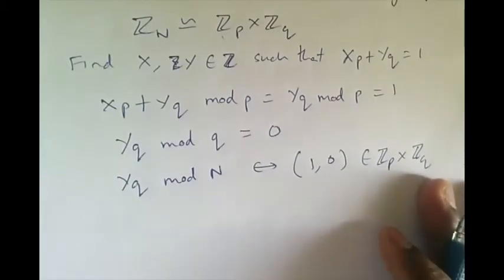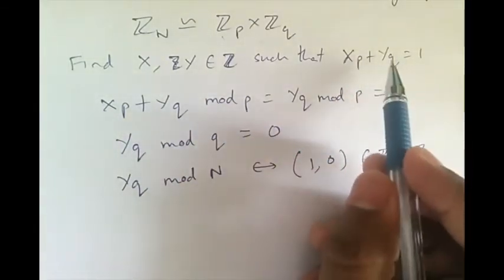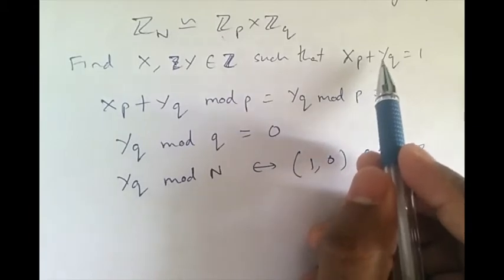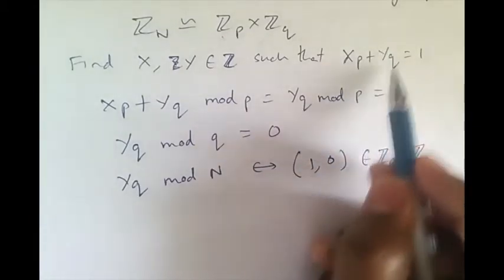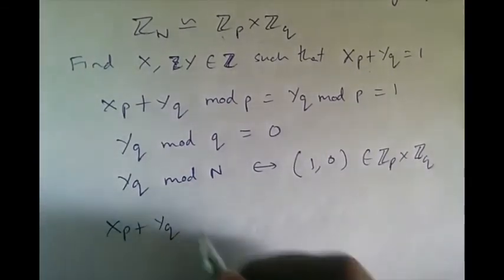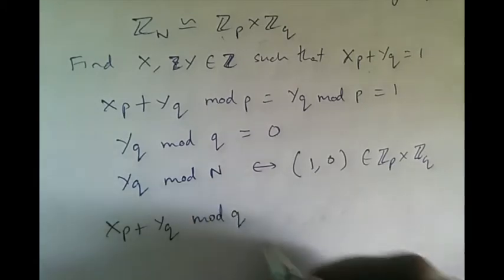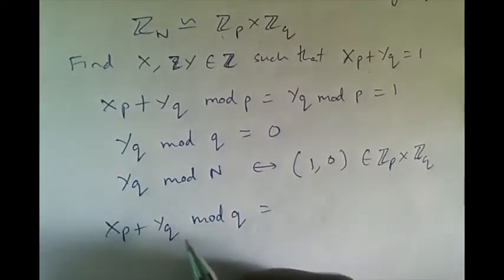Similarly, if you take modulo q now, xp plus yq mod q will be equal to, this part goes away because it's a multiple of q.